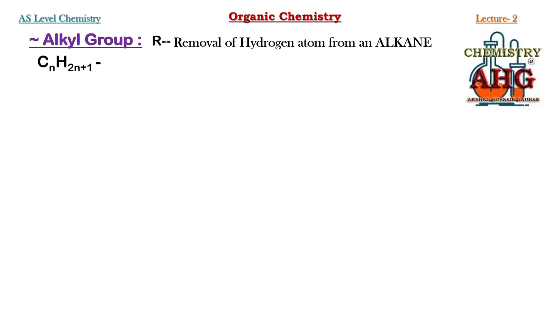Some examples of alkyl groups that you can remember: if the value of n is taken equal to 1, what will be the alkyl group? It is CH3, and you will place a line showing that this alkyl group can make one more bond. Now what is the name of this alkyl group? You must recall from the previous lecture, the name given to an organic compound having one carbon only is meth.